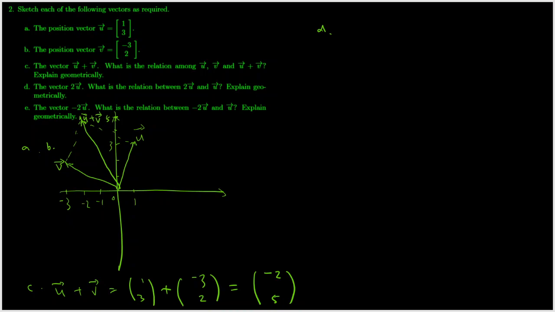Can I just do the same thing on the same rectangular plane? I'm going to sketch 2u, but before that, I'm going to compute 2u first.